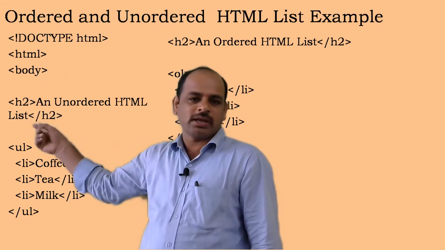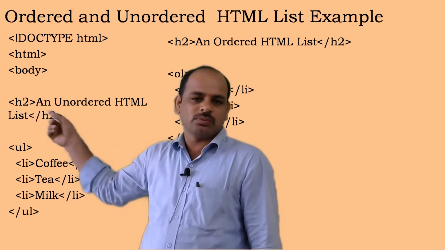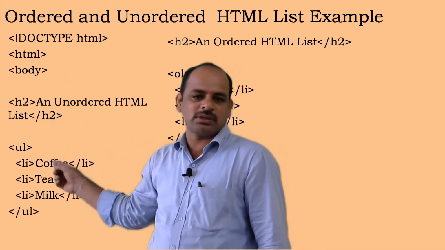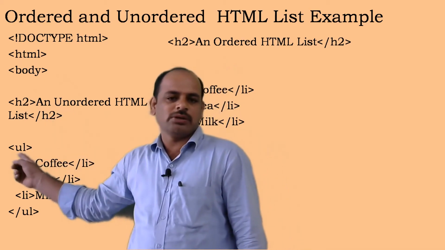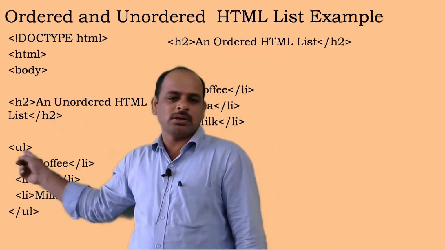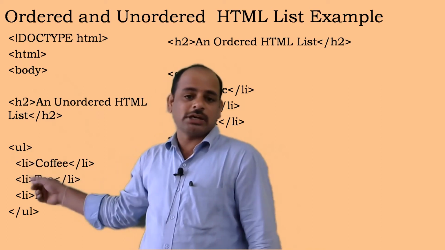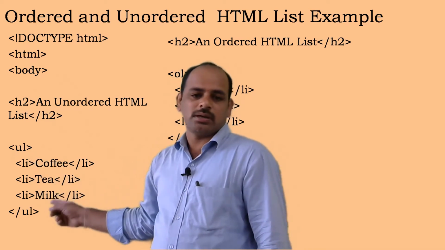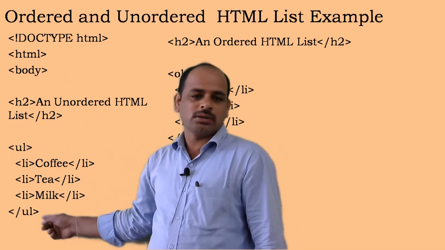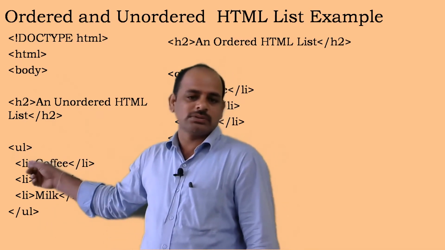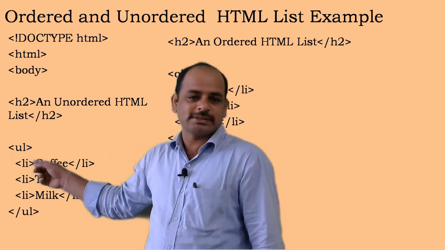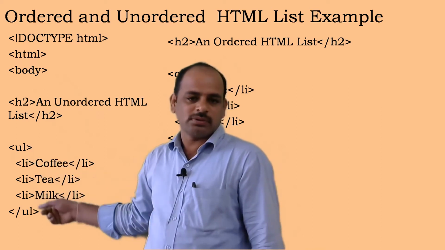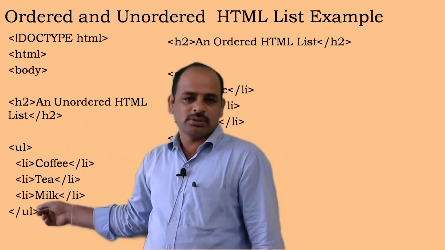Within the body tag, I'm using the heading H2 and an HTML list. This is UL, which is nothing but an unordered list. The list items I'm specifying are coffee, tea, milk, and then I close the unordered list. We use the li tag as a subtag of UL, and then you have to close the UL tag.